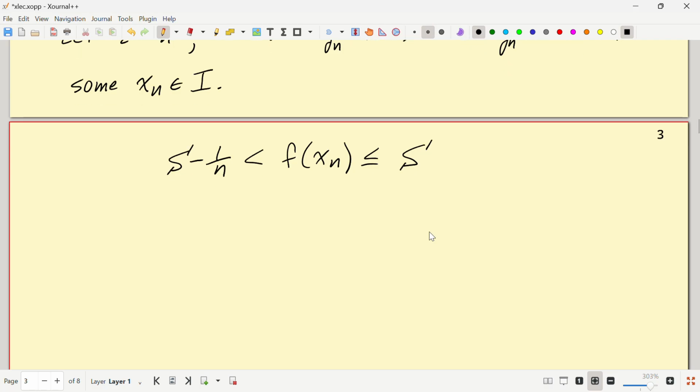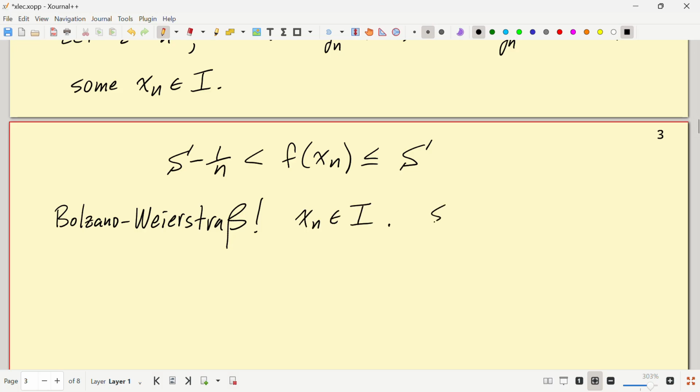Yeah, it's Bolzano-Weierstrass. The x_n's are in the closed interval I. So x_n is a bounded sequence. And Bolzano-Weierstrass says that a bounded sequence has a convergent subsequence.